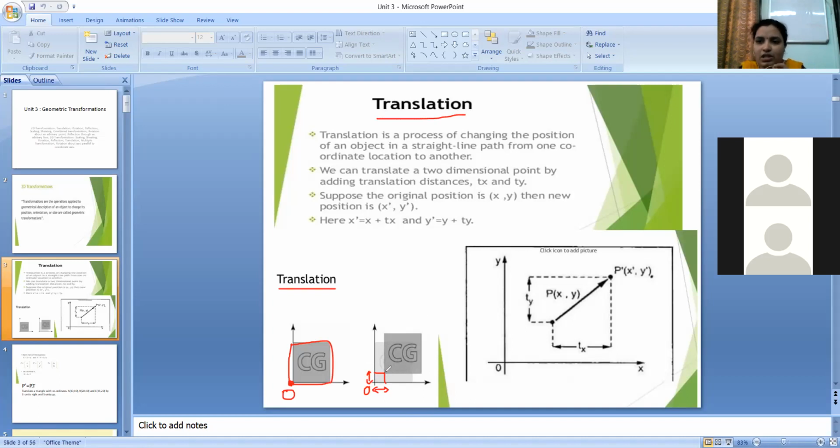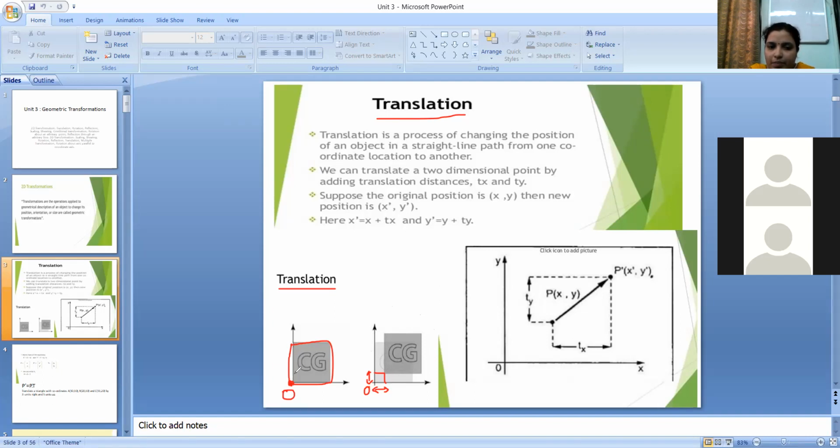If I am changing the position of the object, is there any change in the dimension or size of the object? If I am changing the position only, is there any change in the original object? No, ma'am.